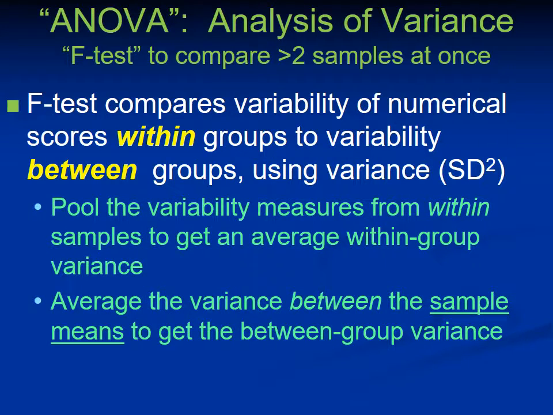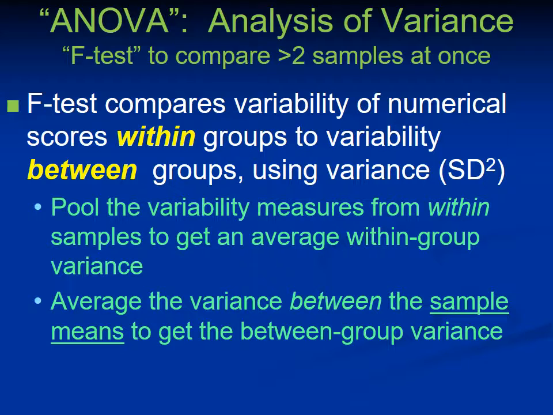But if you're using analysis of variance to figure out whether there's at least one group among your groups that appears to be statistically significantly different, you basically do the analysis of variance by comparing the variability of scores within groups to the variability of scores between your groups.